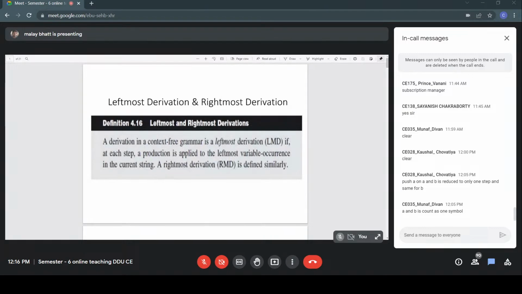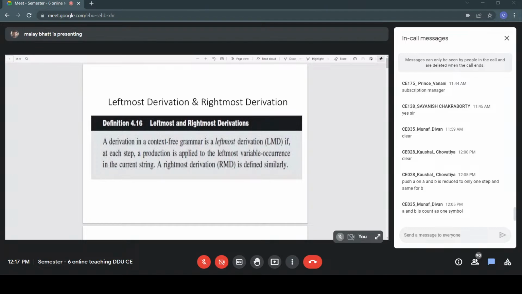So always we have to select the leftmost non-terminal when we derive the string from the starting symbol of the grammar. Once we use the production rule on the leftmost non-terminal, we select the next leftmost non-terminal. That is known as a leftmost derivation.